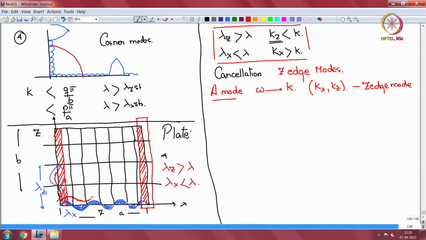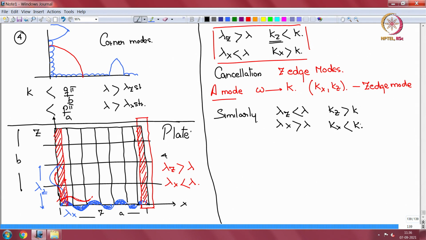Similarly, you could have a situation, I will not redraw it again, where lambda z is smaller and lambda x is greater, and therefore kz is greater and kx is smaller.